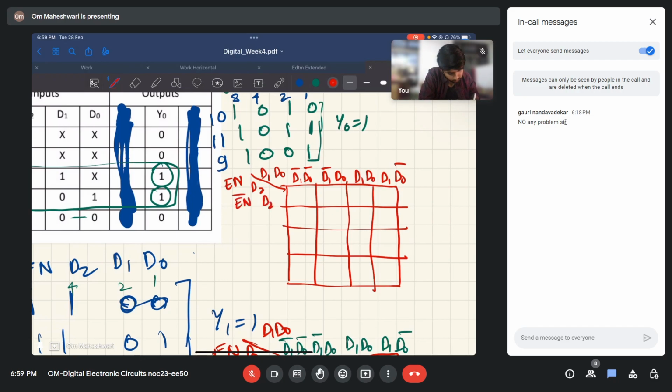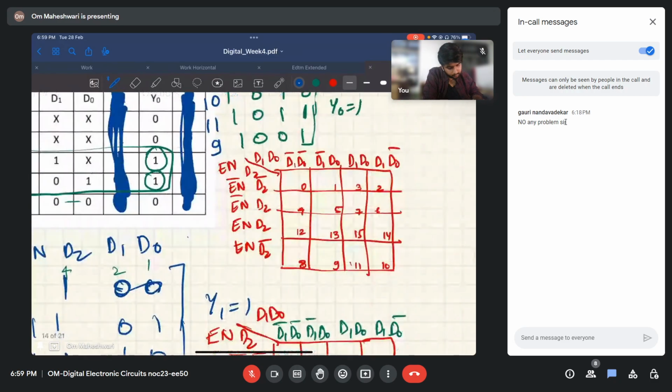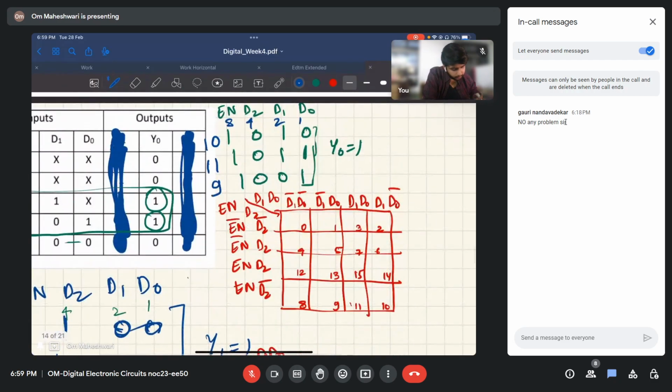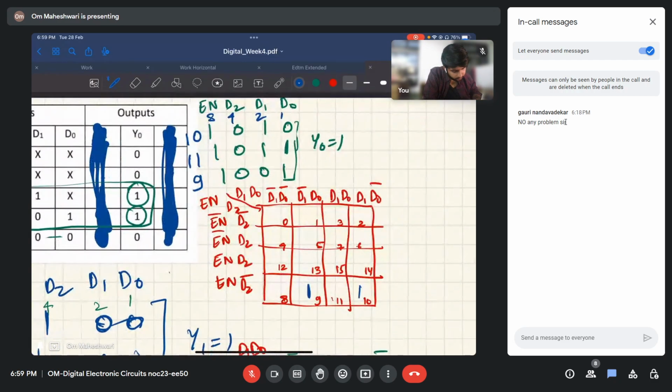En bar D2 bar, En bar D2, En D2, En D2 bar. Okay, so we have 0 1 3 2 4 5 6 7 8 9 10 11 12 13 14 15. We have 1 at 9, 11 and 10.